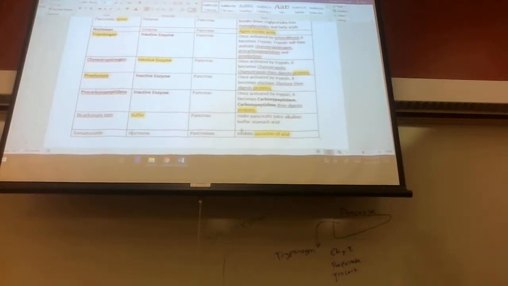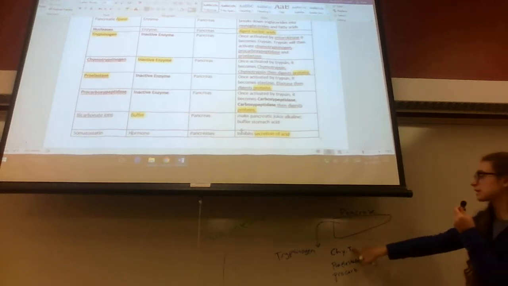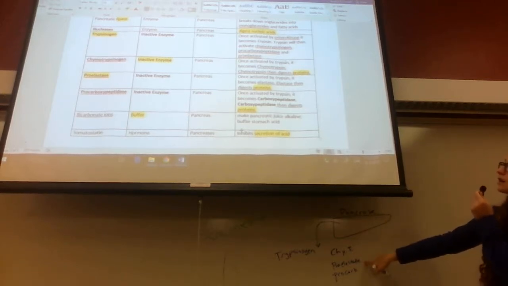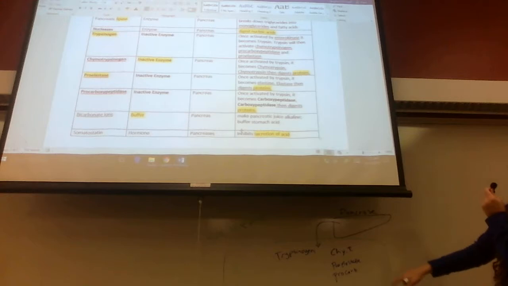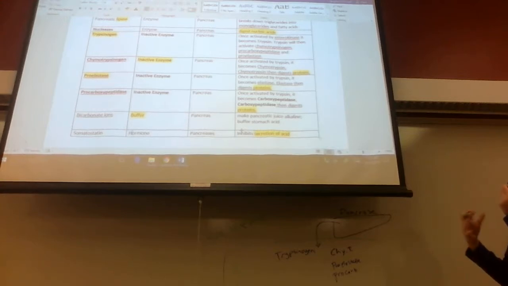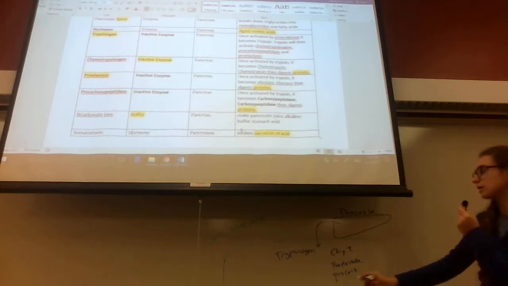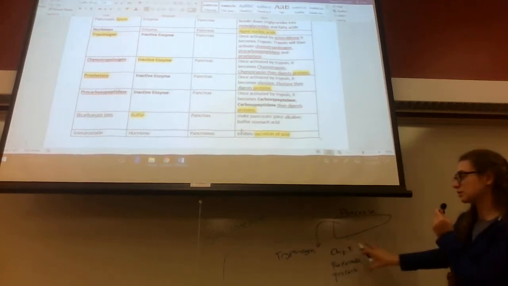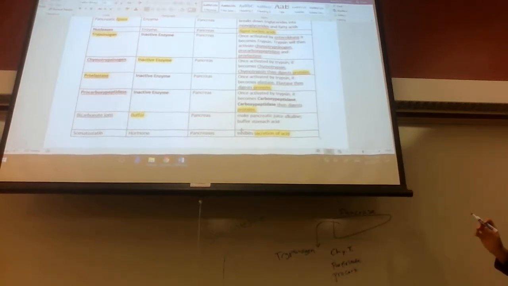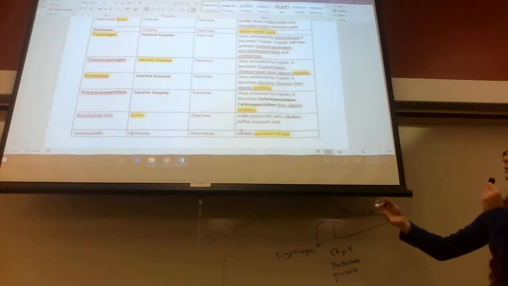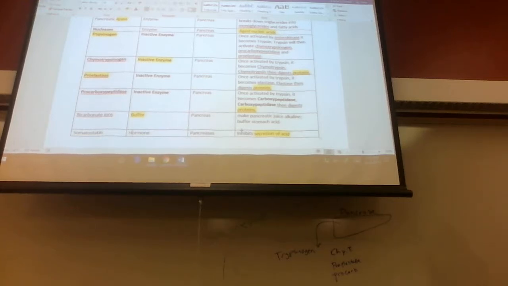Trypsin will then activate chymotrypsinogen, proelastase, and procarboxypeptidase. So it will activate all those. That's what trypsin does. Chymotrypsinogen, once activated by trypsin, becomes chymotrypsin.